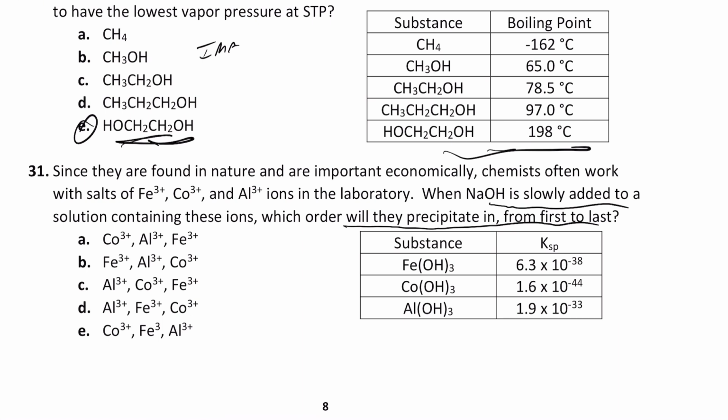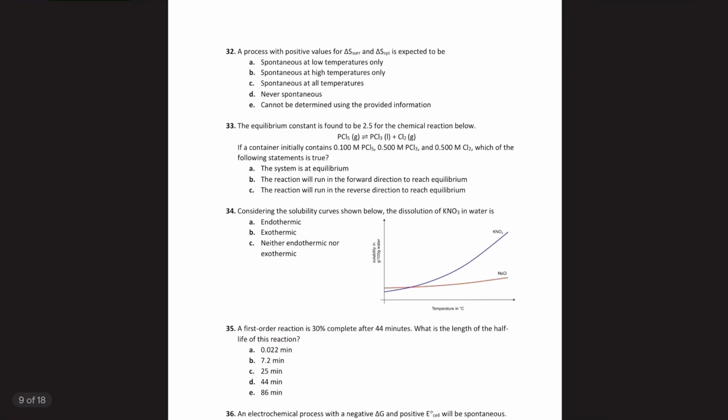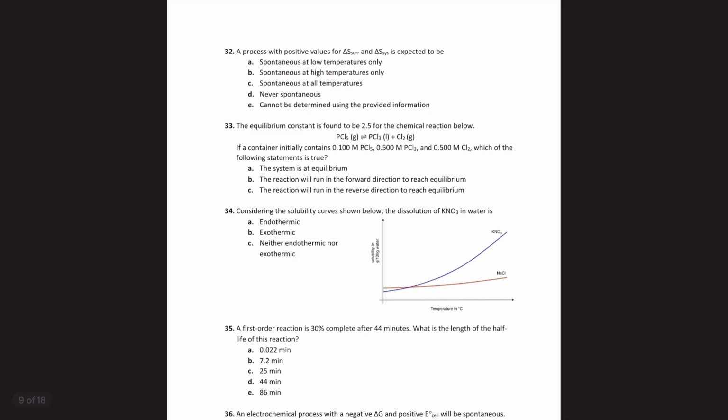The smaller the Ksp, the smaller the amount that's dissociated, which also means the lower tolerance it has if there's an added common ion. They're adding OH minus, so that means it would precipitate out. So cobalt would be first, followed by iron and then aluminum. E. Perfect.